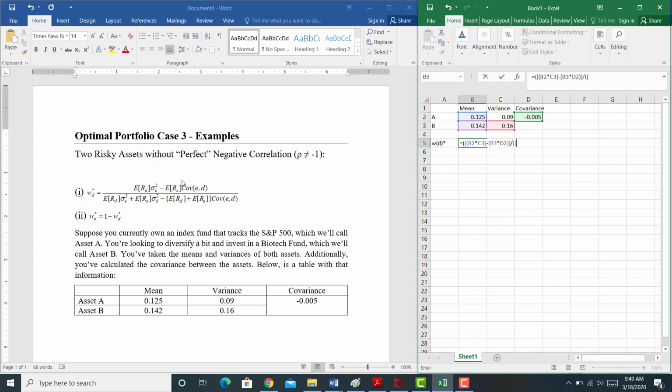the mean of the less risky asset times the variance of the riskier asset, plus the mean of the riskier asset times the variance of the less risky asset.